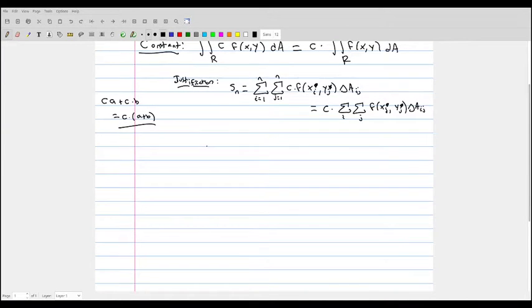We have the sum and difference rules, which are also very, very similar. It says that we take the double integral over some region R of f of x, y plus or minus some function g of x, y.